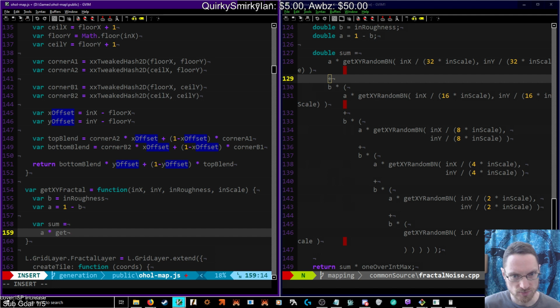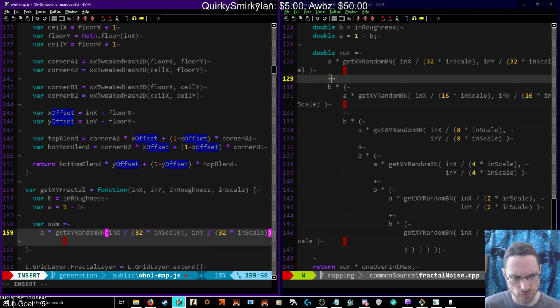So a times... I don't know if it's worth making variables for that. Yes, this would probably be loopable, except then that's looping code instead of just calling stuff.